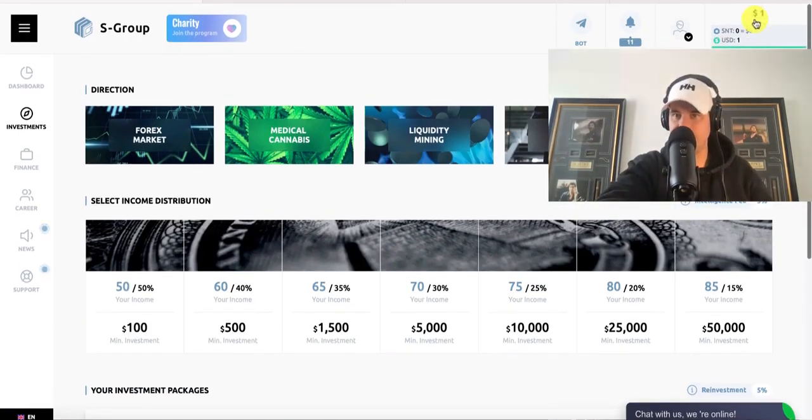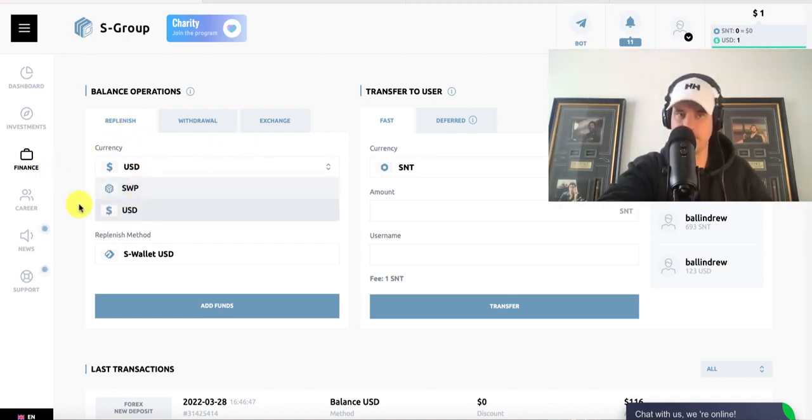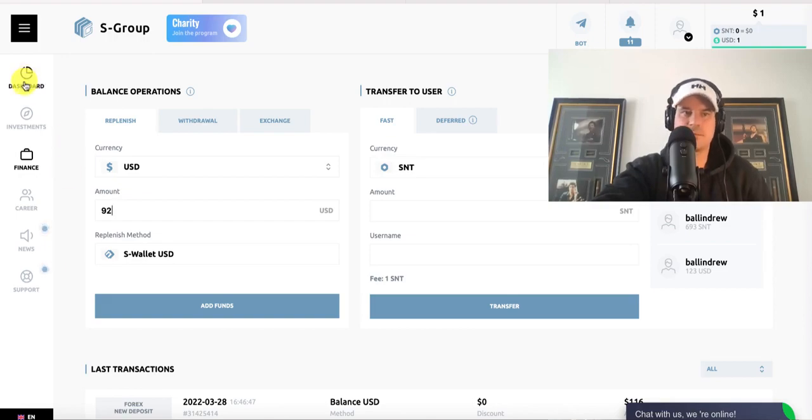That'll send that balance up to here, and then you have those available funds in your S wallet, say $90 available, whatever it is that you need. Go to replenish USD wallet, click on add funds, and it will take you to the S wallet website to log in. So it's very simple, guys, to do that and to get ahead and compound.